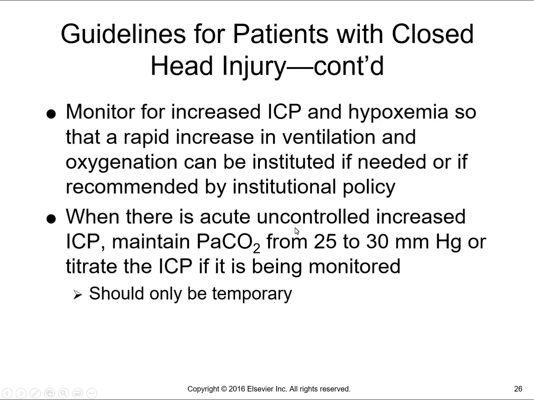When there is acute uncontrolled increased ICP, maintain your PaCO2 from 25 to 30, or titrate the ICP if it is being monitored. With this one, that's going to be hard to maintain, because you're going to have to constantly get blood gases, to be honest with you. So most likely, if it's uncontrolled, we're going to just drop those pressures.